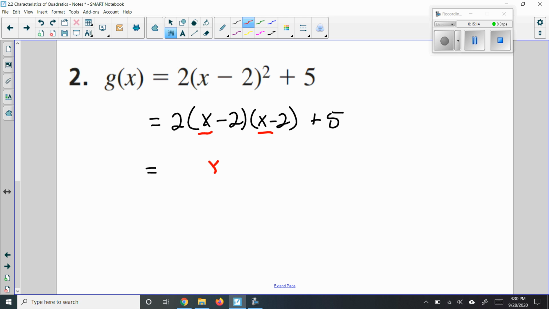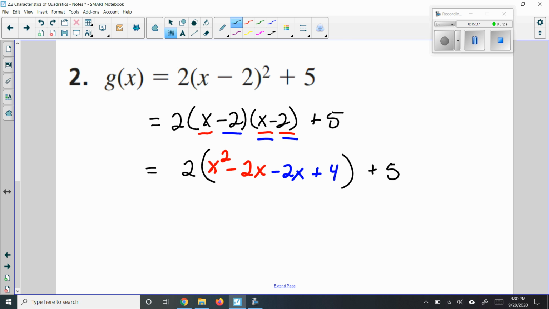X times x is x squared. X times negative 2 is minus 2x. Negative 2 times x is minus 2x. And negative 2 times negative 2 is plus 4. Don't forget, we still have this 2 on the outside, and we still have this plus 5 on the outside.